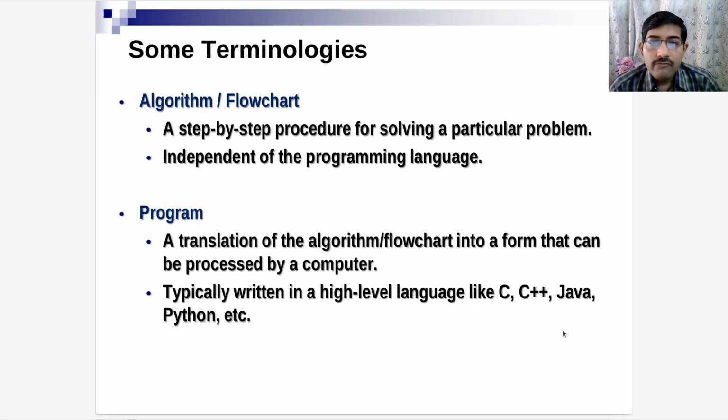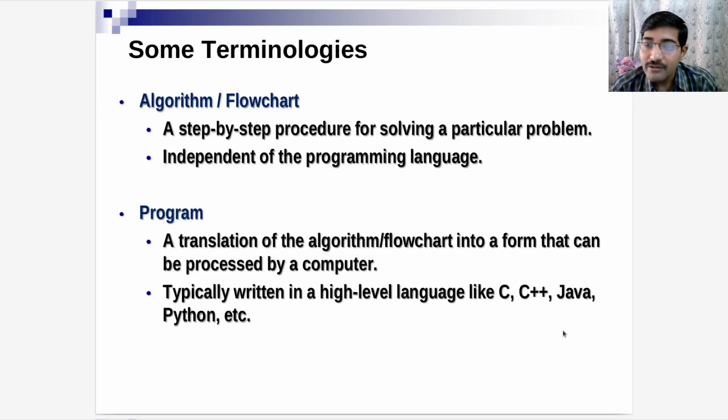Then finally, a program becomes a translation of that overall flowchart into line-by-line writing of a particular piece of code, or C program, for example, encoding whatever you have written in your algorithm so that it could be processed by the computer.